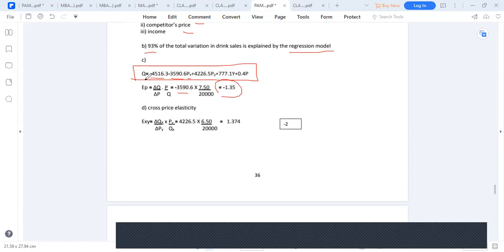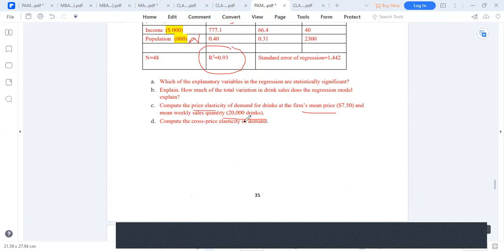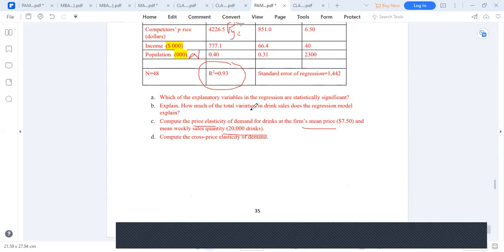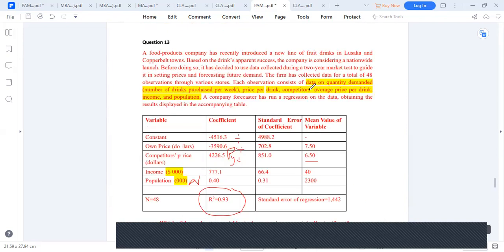For cross price elasticity, we're looking at the gradient for the competing price. So here the gradient is what? 4226.5, which we have here. And the competing price is what? 6.5. So for the cross price elasticity, the competing price we've been given is 6.5 over the demand of 20,000.